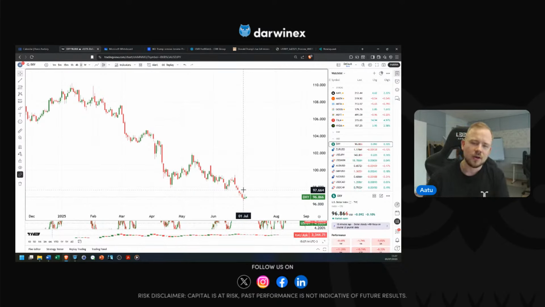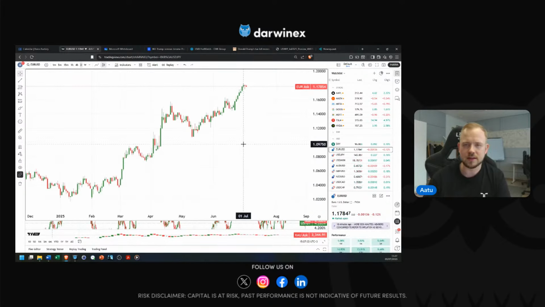We would definitely wait until the ISM services is out, but there's a relatively large level here, for example, 90 points away in the USD index. The better place to fade this, if it hits that level, might be euro dollar rather than the USD yen, because of the obviously strong uptrend on the euro dollar, and it has different mechanics than USD yen. So that's another trade that we are monitoring for today.